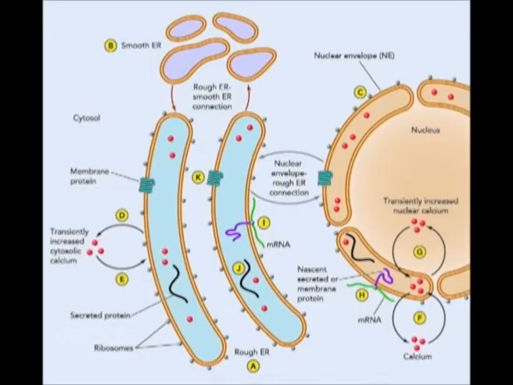Smooth ER in most eukaryotic cells sequesters calcium from the cytosol. The release of calcium into the cytosol from the ER and its subsequent reuptake is involved in many rapid responses to extracellular signals. In plant cells, calcium is stored in vacuoles.